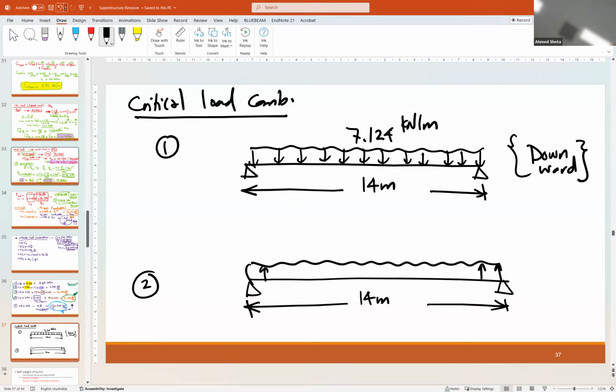The load is acting up, not down. So we have 1.722 kilonewton per meter. So this is the upward case.